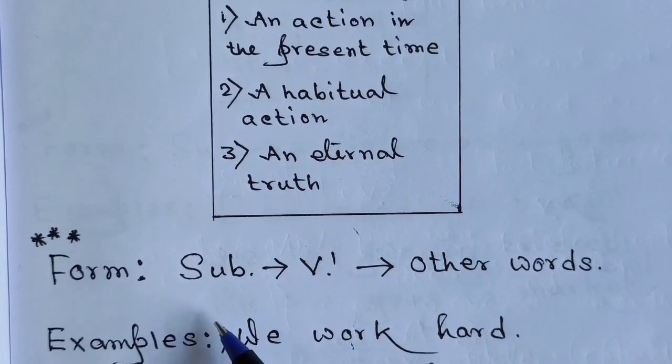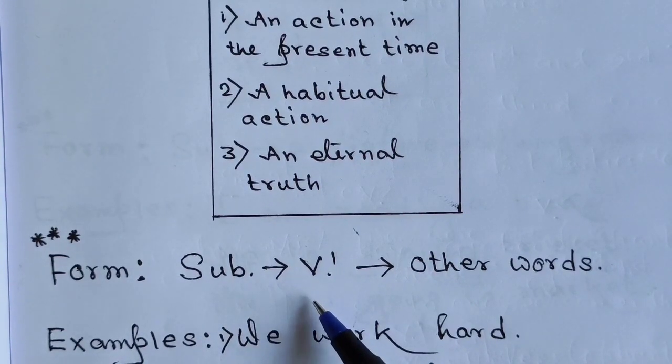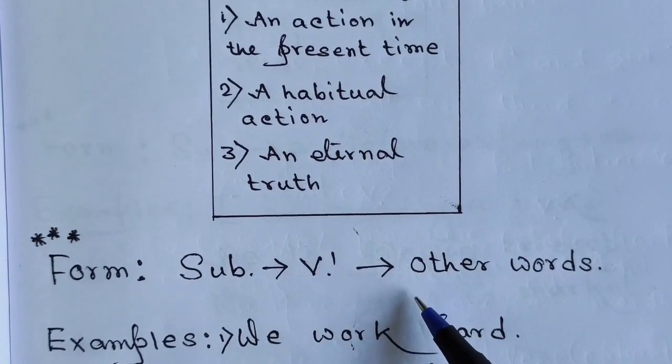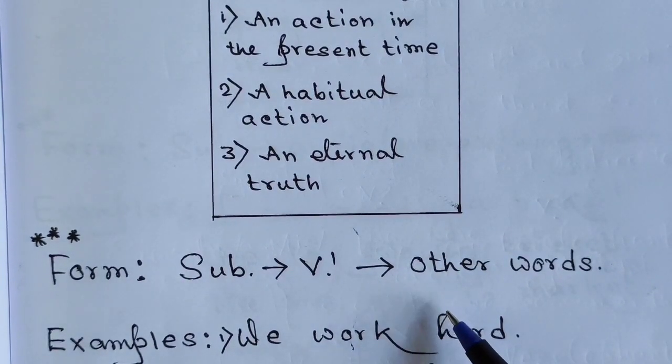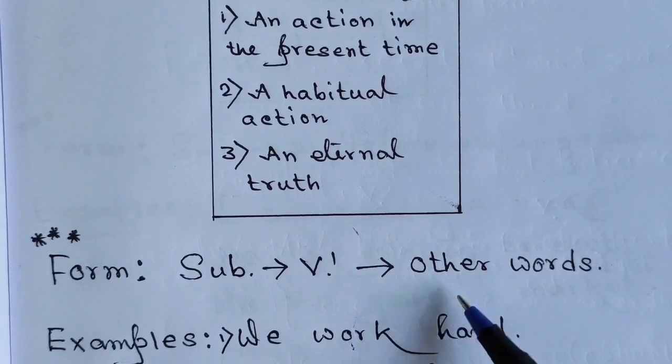Okay, here the subject would be there at first, and after that the verb would be there in its first form, and after that there might be other words. Sometimes students write or learn that it is the object which is written over here, but sometimes we don't have objects in English sentences.